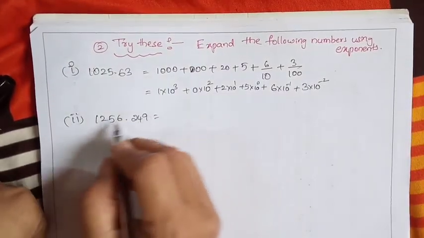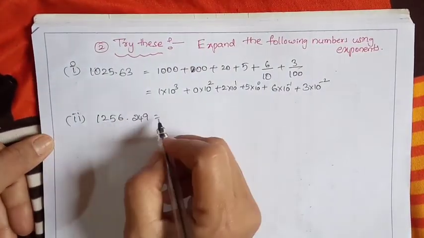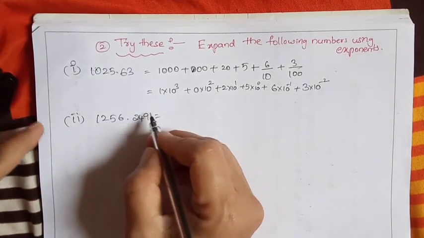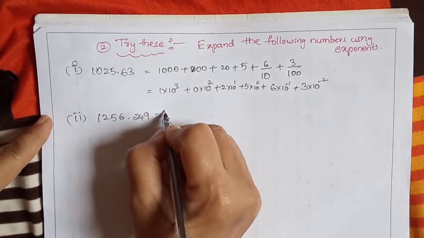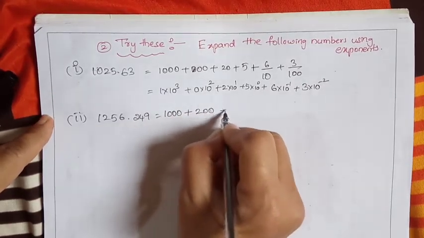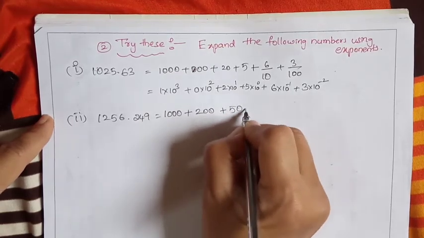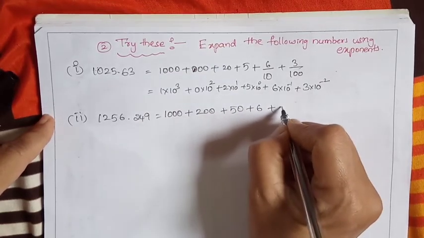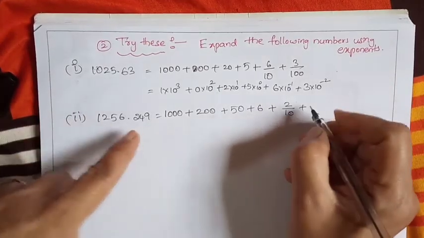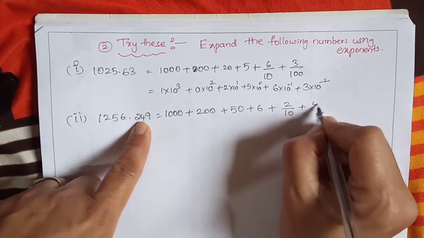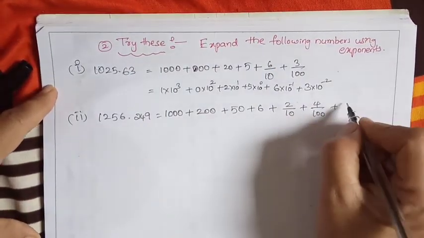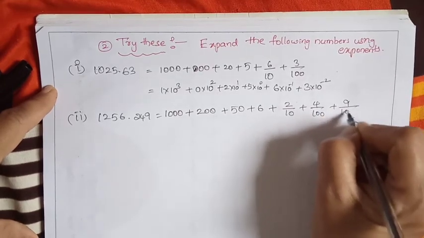Yes, children, here again we will expand once again the last problem. I will try this problem. Okay. 1000 plus 200 plus 50 plus 6 plus 0.2 means 2 by 10, 0.24 means 4 by 100, the hundredths place, and 9 by 1000, the thousandths place.